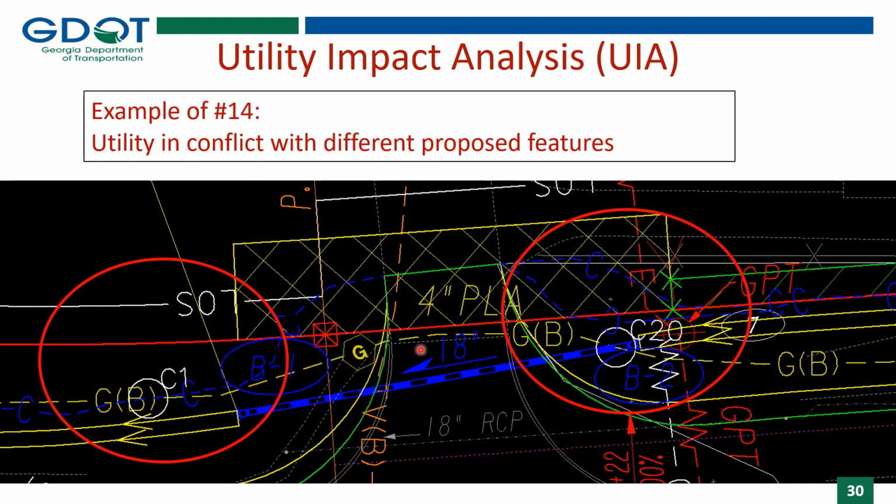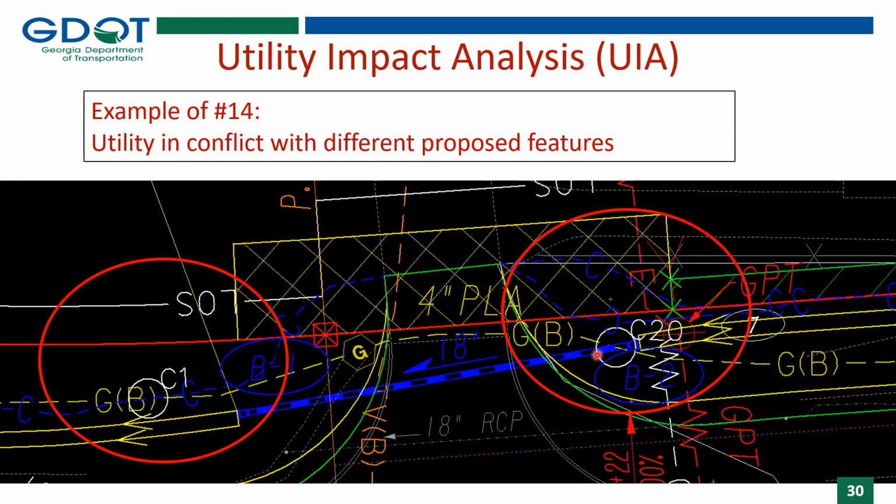However, the next conflict for this gas line, if we follow it, is with this 18-inch pipe, this 18-inch storm pipe that's between B1 and B2. So we're calling this conflict 20. The reason why we change conflict numbers is because this cut line and ditch line is a different feature than the pipe.